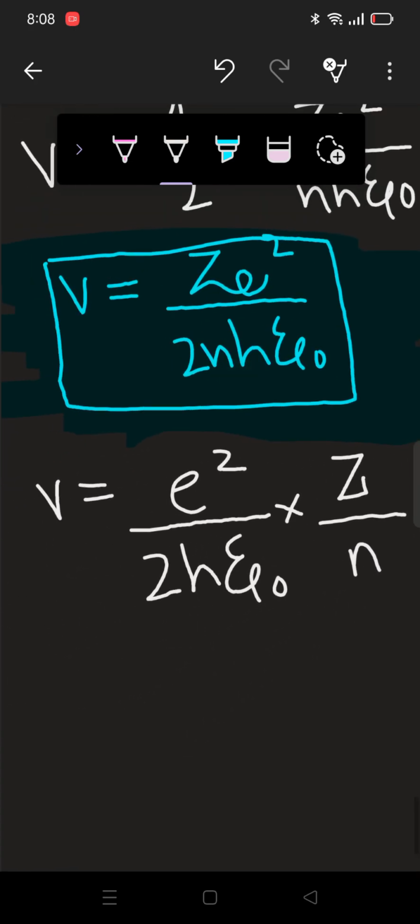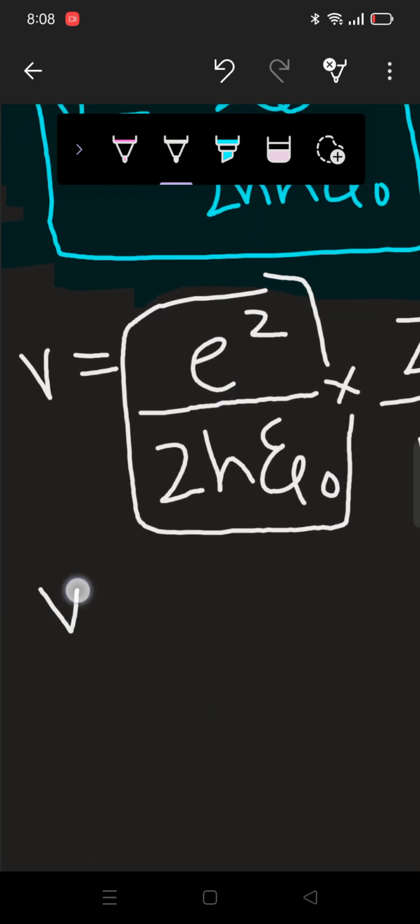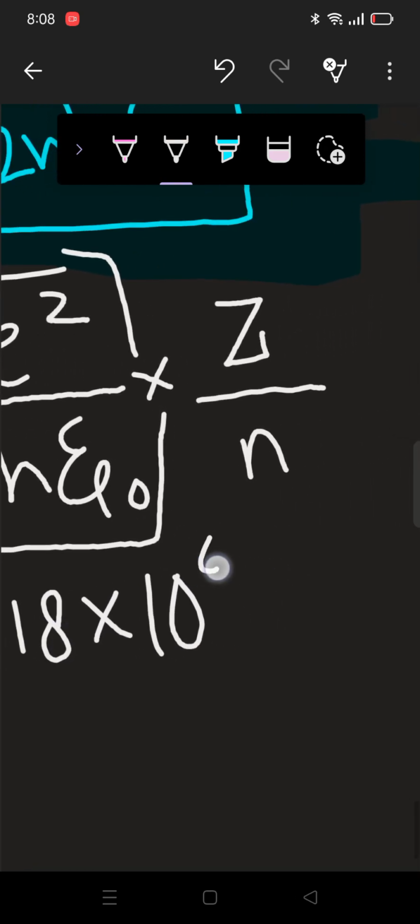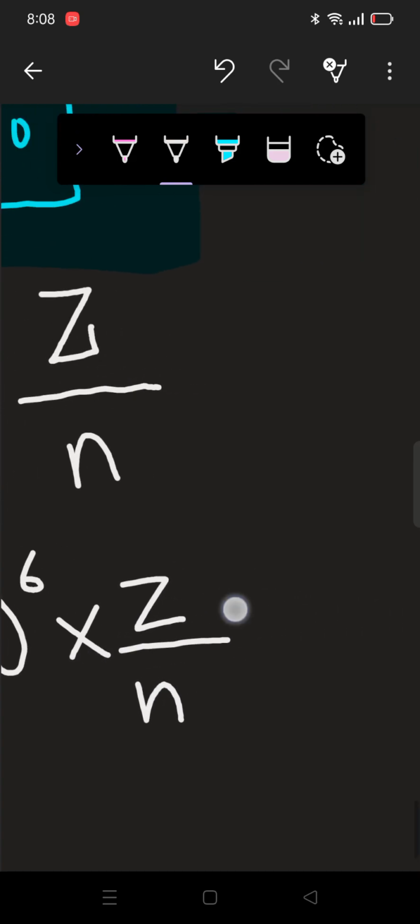Now this whole constant term is equal to 2.18 into 10 to the power 6 into z by n meter per second.